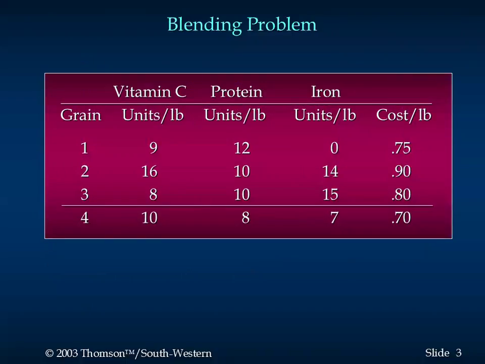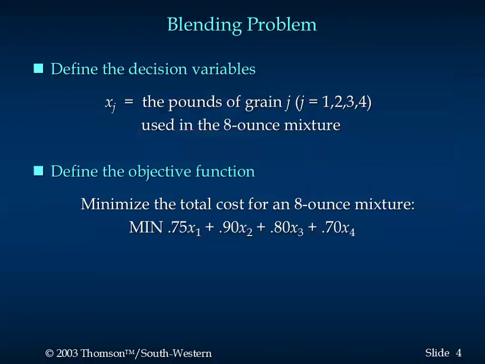So these are the 4 grains, grains 1 to 4, vitamin C content, protein content, and iron content, and these are the cost per pound. Okay. So what is our objective? Well, basically, the decision variables that we will take in this case are the quantity of each of the grains to be used in the 8 ounce mixture, so X1 to X4.